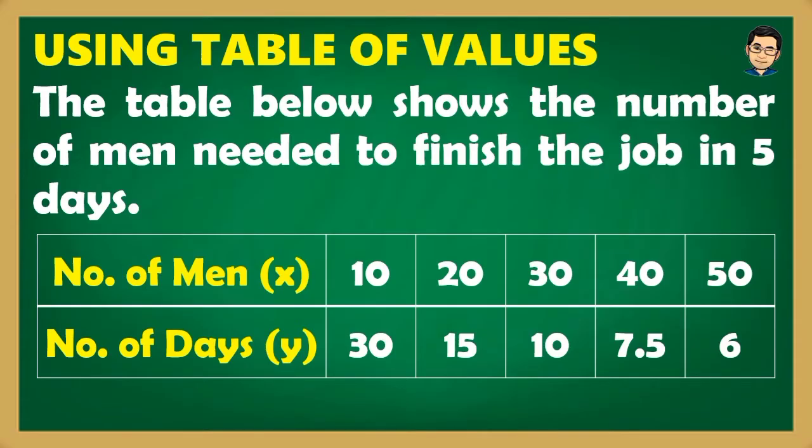As you can see, the number of men increases, from 10, 20, up to 50. But the number of days goes down from 30 to just 6 days. What is the logic there? Of course, as more people work, less time is needed to finish the job. When fewer people work, it takes longer to finish.